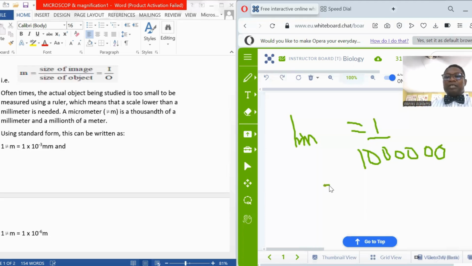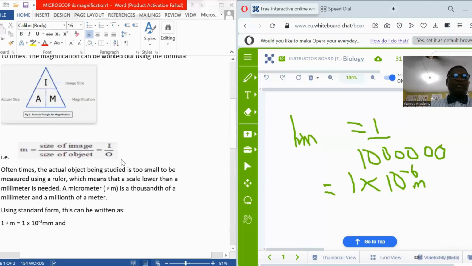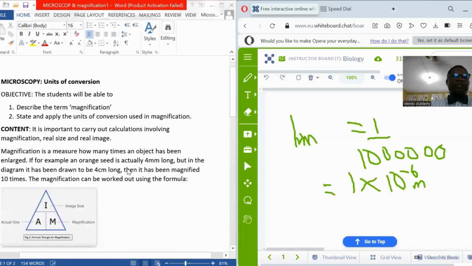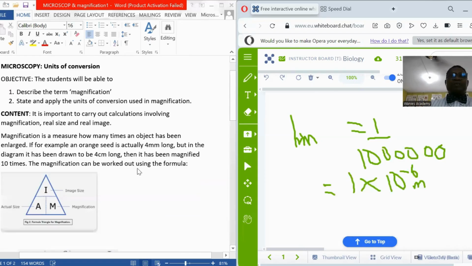So at the end of the day, we will have 1 micrometer written as 10 raised to the power minus 6 meters. So these are the various means through which the unit of magnification can be converted.